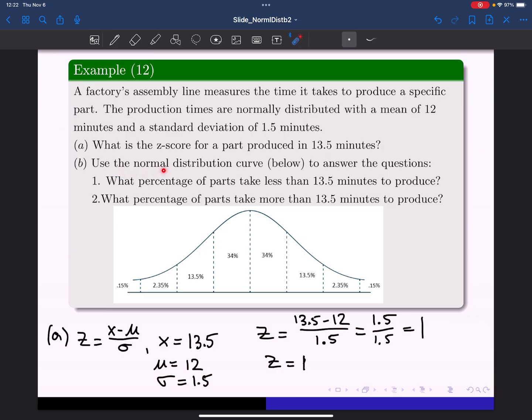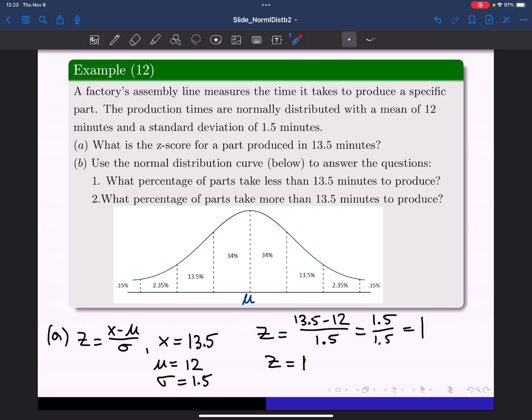Now, use the normal distribution curve to answer the question below. What percentage of parts takes less than 13.5 minutes? So we know that this is a normal distribution. Right in the middle we have the average, the mean, and then we have one standard deviation away from the mean.